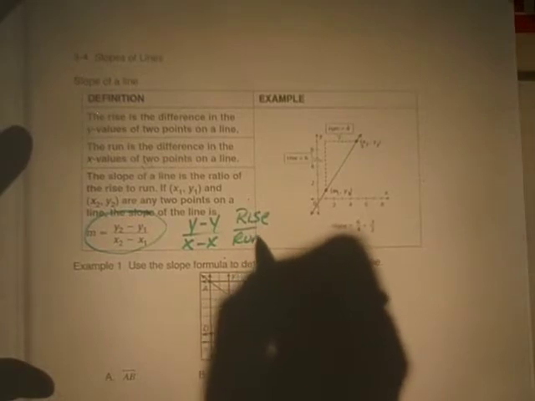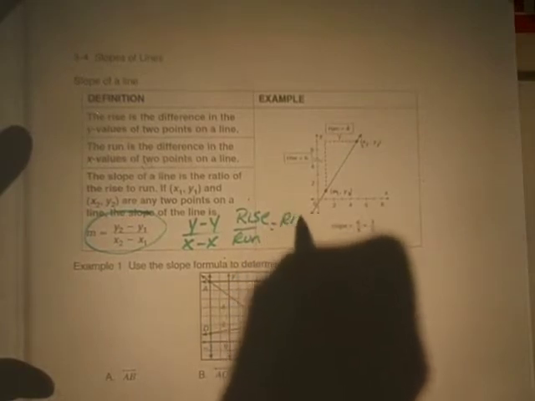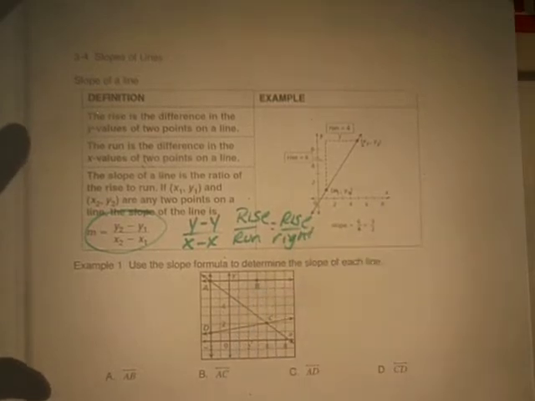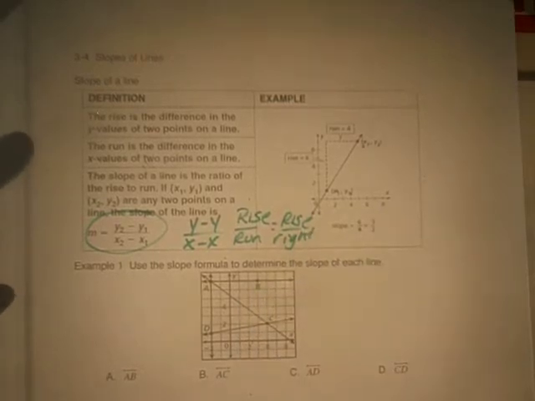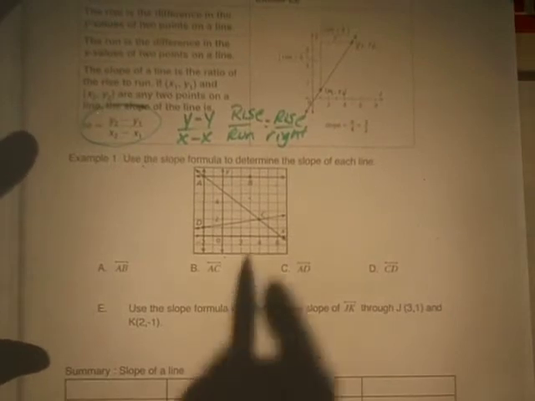Sometimes your teacher might say rise over run, and I like to say rise over right to remind you that you always go to the right hand side. So the first thing you're asked to do is find the slopes of some lines.